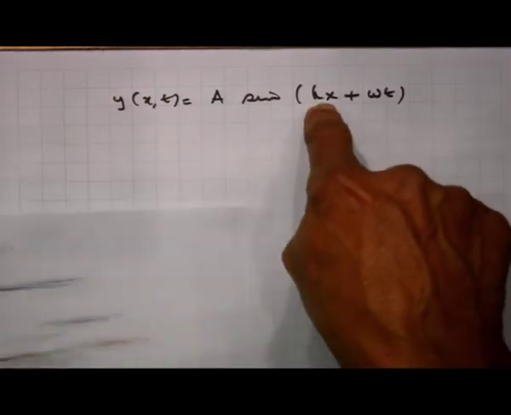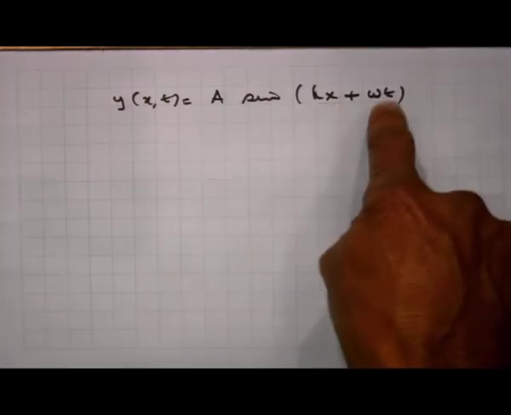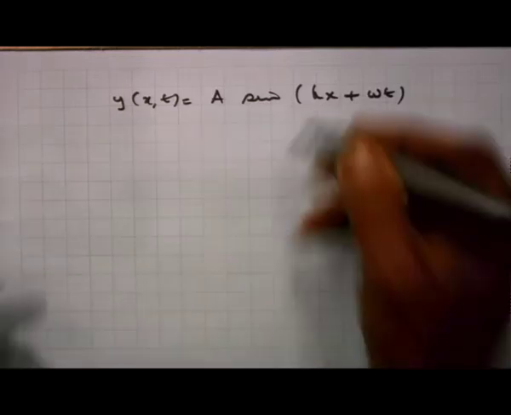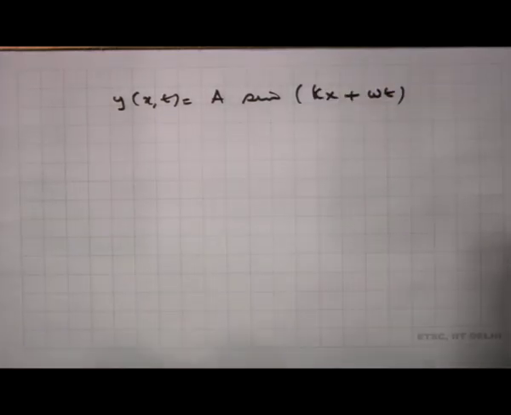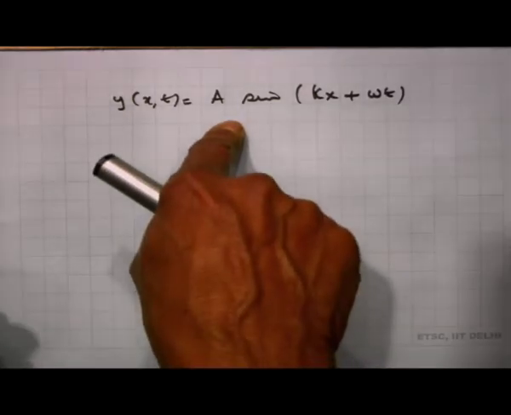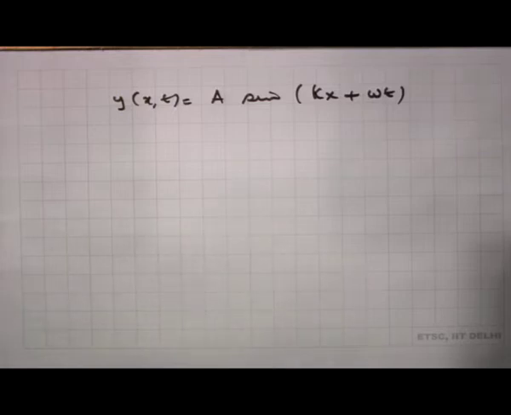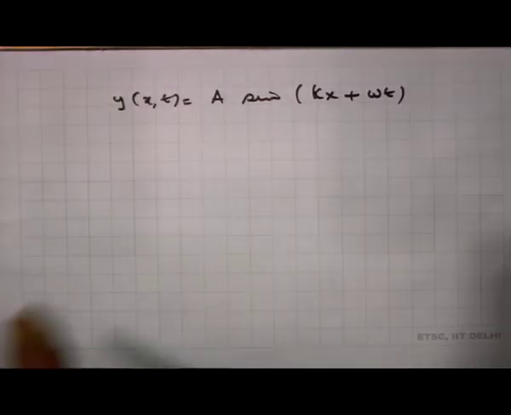Depending on the sign between the space dependence and the time dependence, the wave is either going in the plus x direction or the minus x direction. So, please make the argument and try to plot figures to show that this is a wave going in the minus x direction.